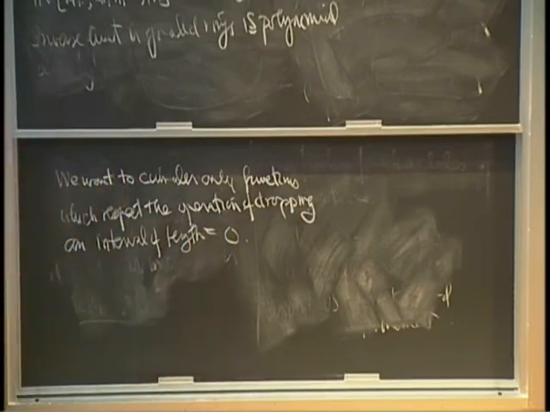Right, because for us, something that is born and then dies at the same time is non-existent. We don't want to include it. Okay? And that actually changes the algebra here.